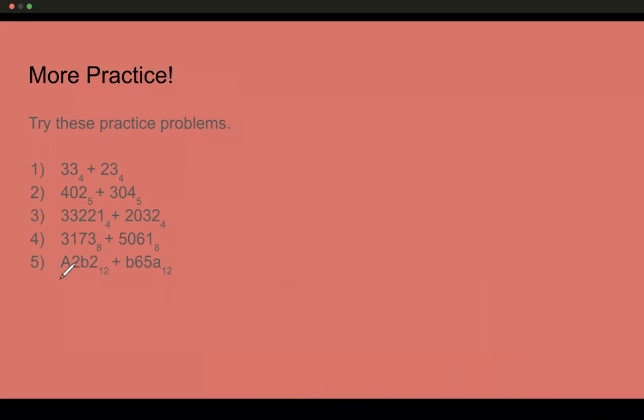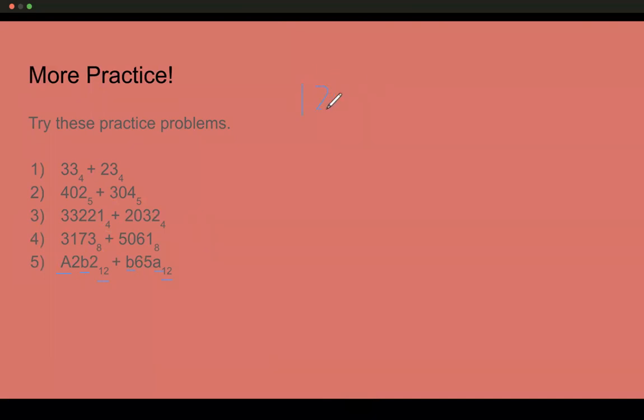let me just remind you, for these alphabets right here, you might think, well, what are these alphabets? What do they mean? So when you use a base that goes over 10, the single largest number becomes that base minus 1, right?